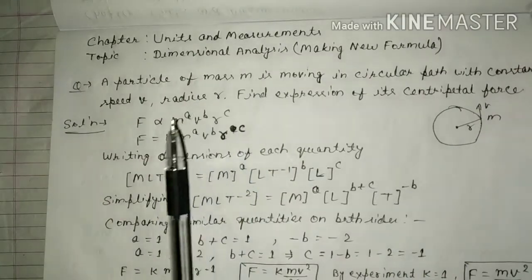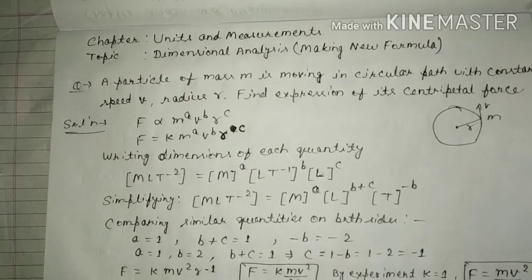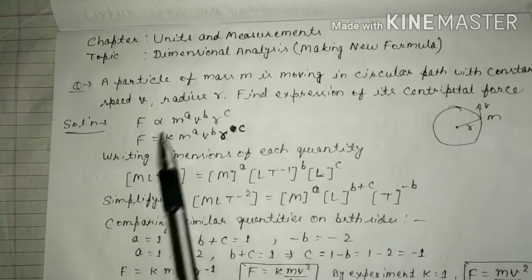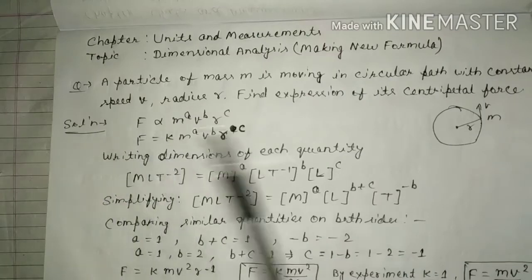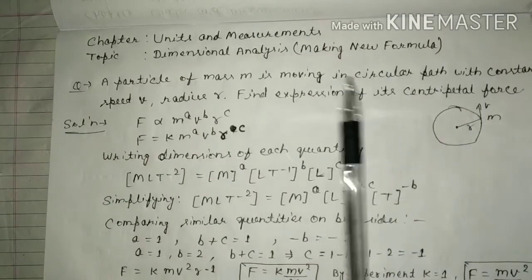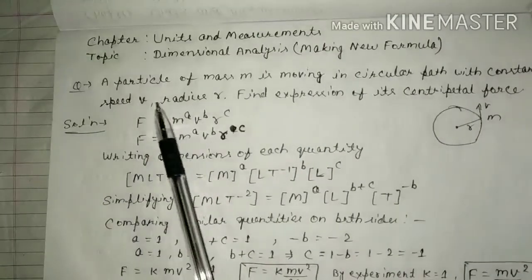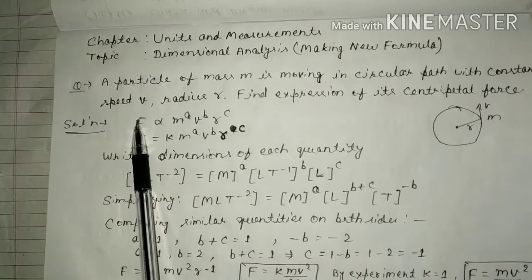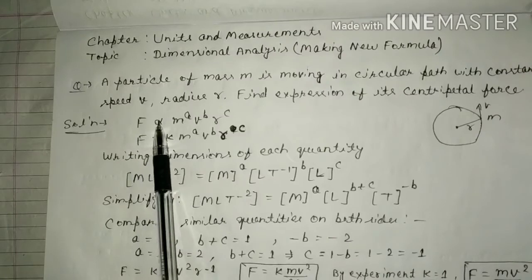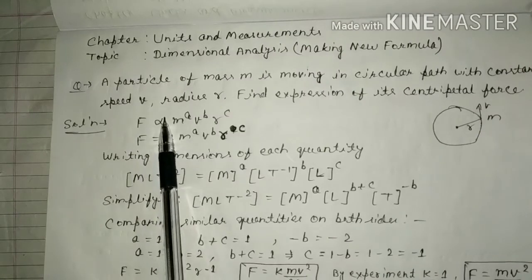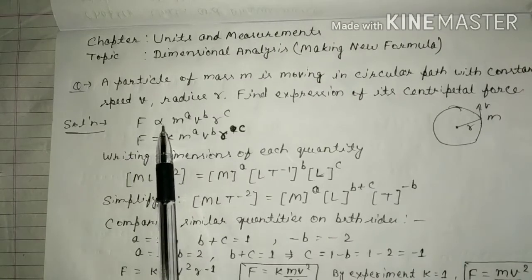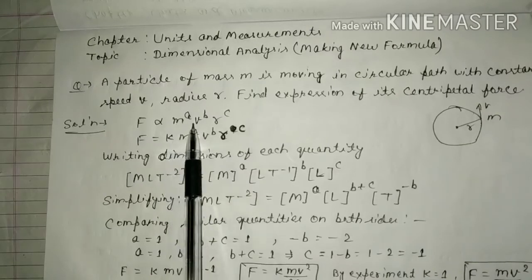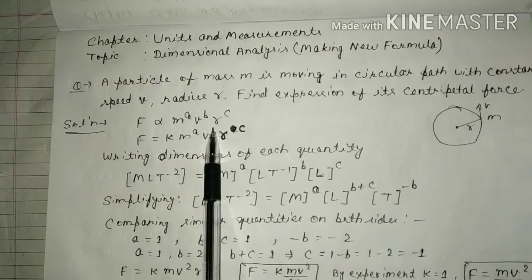In place of "depends", mathematically we use the proportional sign. We write it mathematically: centripetal force, denoted by F, is proportional to mass m, speed v and radius r.